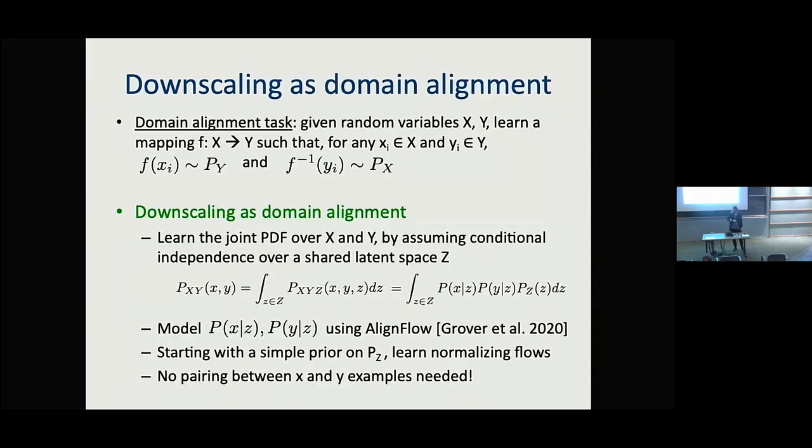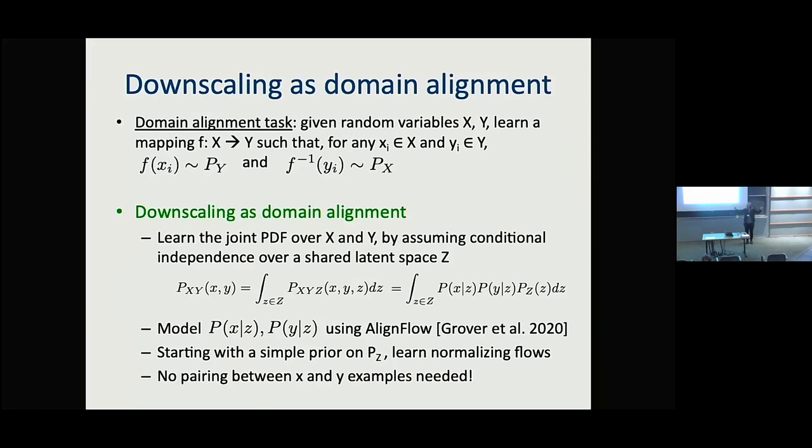So the general idea of domain alignment is that, given two random variables, if you have IID samples from their marginal distributions, then you want to learn a mapping F that's invertible. If I have samples from the prior of X, I can approximate the prior of Y by applying F. And if I apply F inverse, then I can approximate the prior of X from samples from the prior of Y. Our X and Y are going to be our coarse resolution and fine resolution.